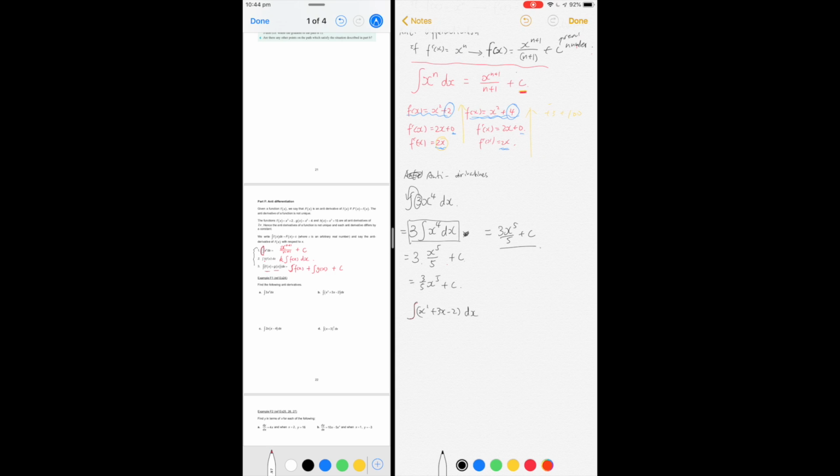Okay, so we can do the opposite way, and because we have added functions, we can separate them by using the third rule, and then we can separate to find antiderivatives of x squared in regards to x plus antiderivative of 3x in regards to dx, and then minus the antiderivatives of 2 in regards to dx.